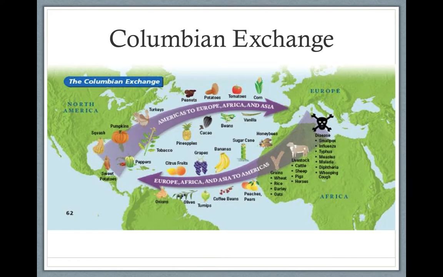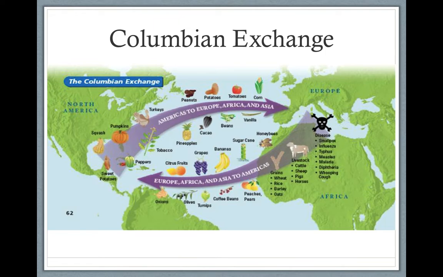So we see that a lot of foods that were found in the New World, North and South America, actually become very successful back in Europe when they are taken back and planted and become a major part of their diet and their way of life and culture, tomatoes being one, potatoes, super popular in Ireland. Those are just a couple of examples.